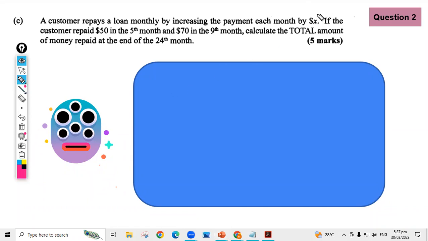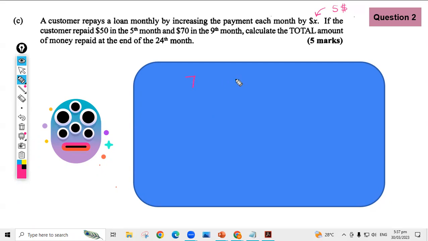Each month it's increasing by X dollars. So let's just replace X with a value. Let's call it $5, right? So instead of X, let's just say $5. So if the first payment was, let's say, $7, what would the next payment be?